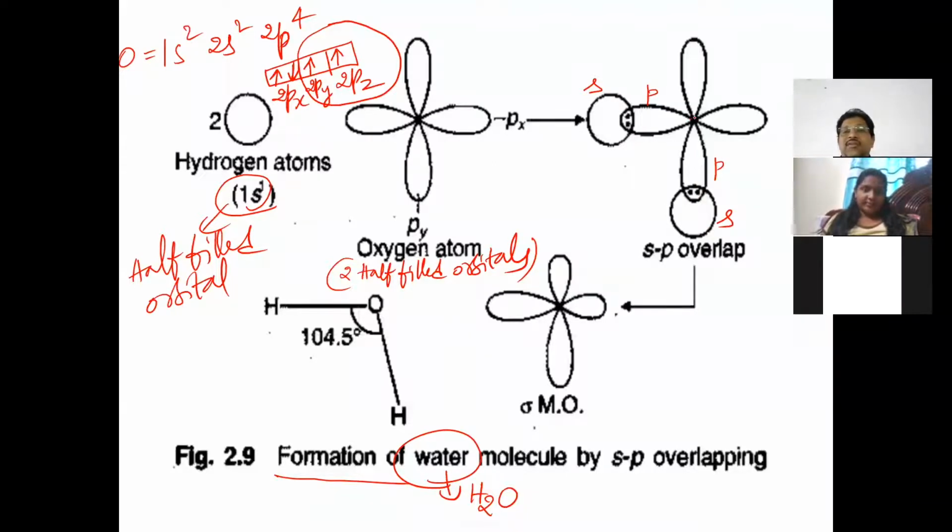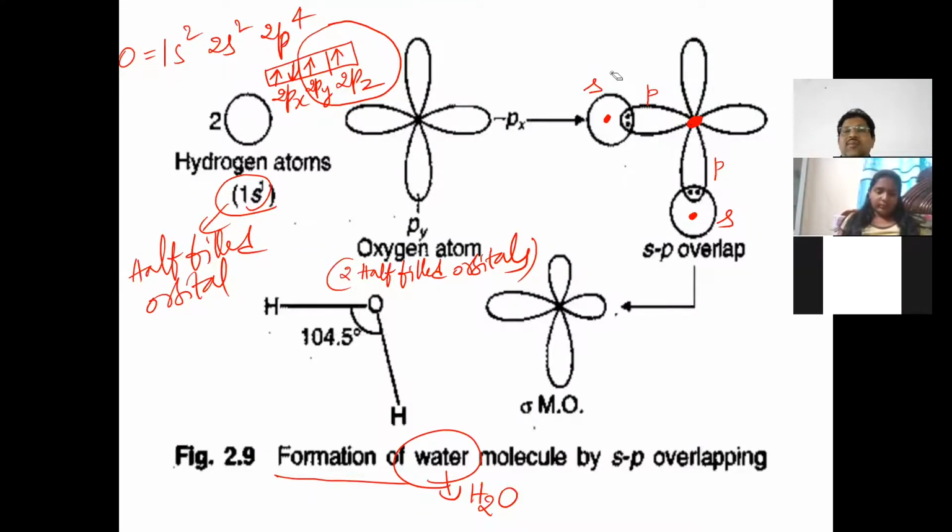This is the oxygen nucleus and this is a hydrogen nucleus. The s orbital of the hydrogen atom and the p orbital of the oxygen atom overlap with each other. sp overlapping takes place here, and here also.